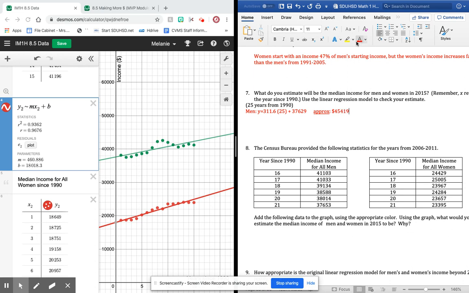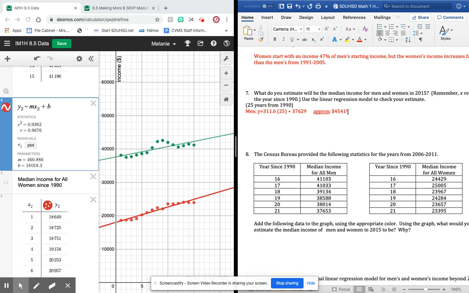If it keeps growing by $311.60 for 25 years, then men in 2015 are going to make about $45,419 median income.